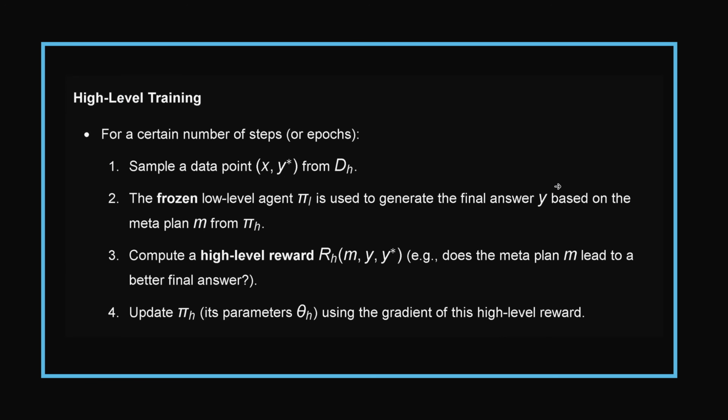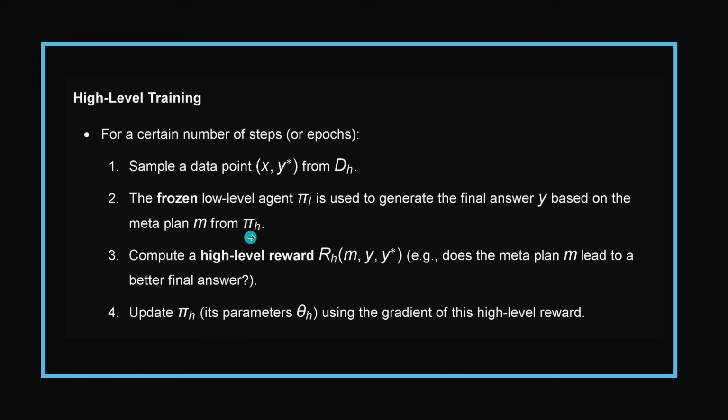Having done now the low-level training of our agent, we have now to perform the higher-level training, no? And you know what? I would explain it in this simple way. For a certain number of steps or epochs, we sample a specific data point from a data set. So we have our input x and our ground truth y star. Then we have the frozen low-level agent. Pi low is used to generate the final answer y based on the meta plan from the agent pi high.